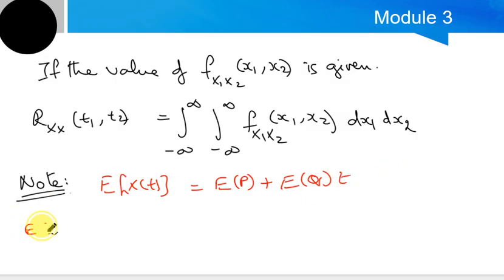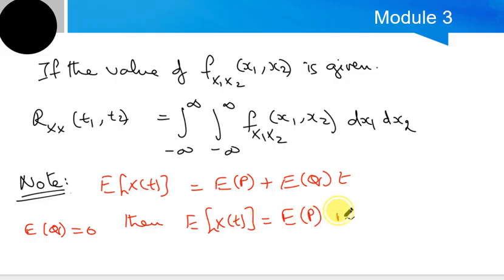Suppose my E of q equal to 0. Then E of x of t is just E of p, which is not a function of t. Therefore, it is not going to change as t changes.